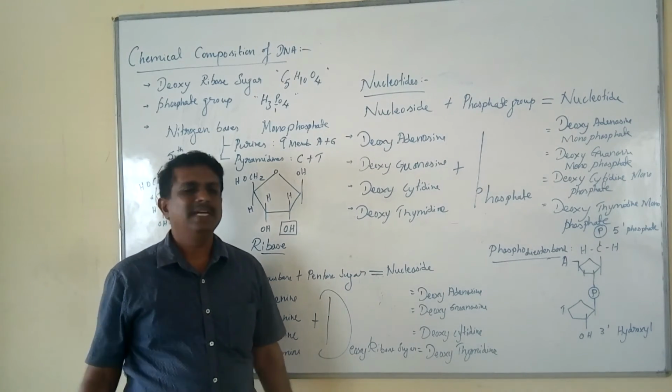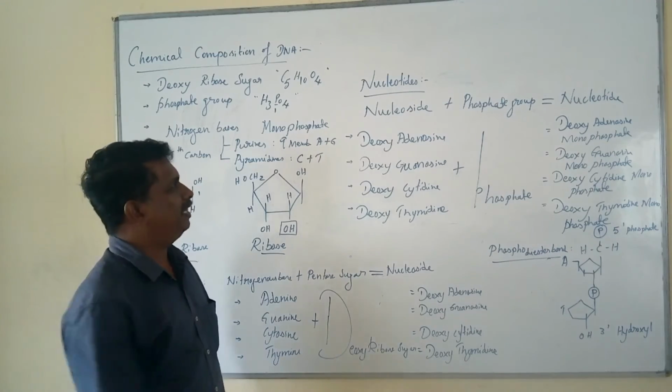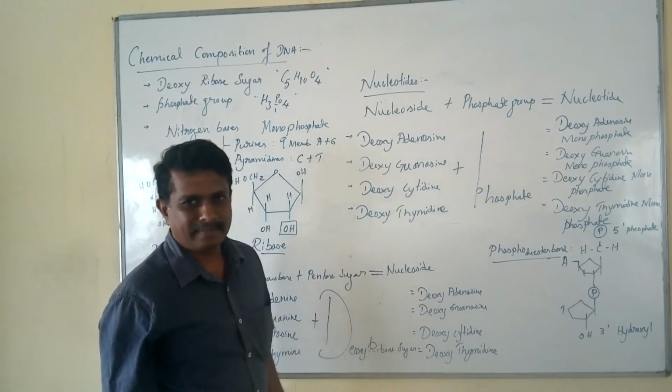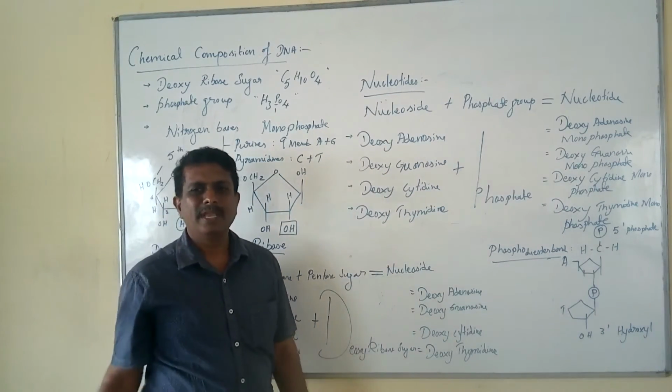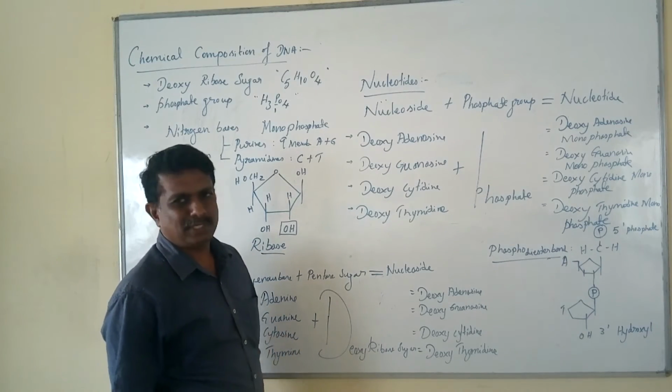With reference to the type of the bond found in between the nucleotides, that is said to be the phosphodiester bond.